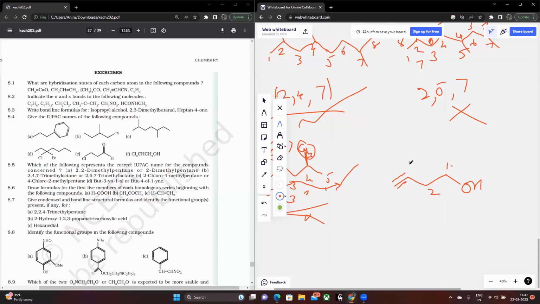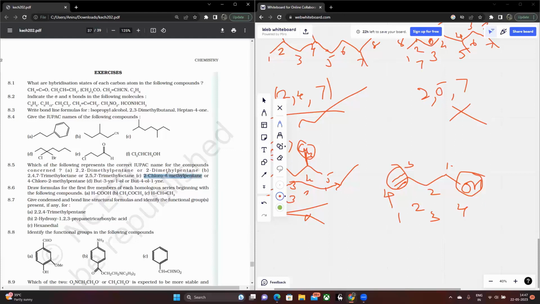If you go with this numbering system, that's but-3-yn-1-ol. The other way around is 1, 2, 3, 4, which gives you but-1-yn-4-ol. But you know that the alcohol group has higher precedence over an alkyne, and so this is what is correct.